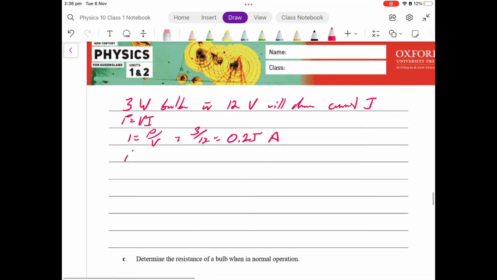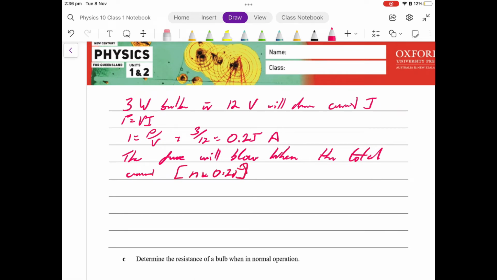So we keep taking these in parallel, so the current through the fuse will be the sum of the current through each of these bulbs. So if we have N bulbs, we'll have N times 0.25 amps. We need that to be less than 5.9 amps, which is what blows the fuse.